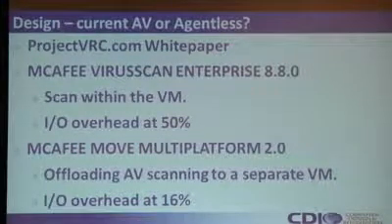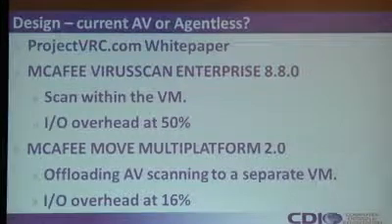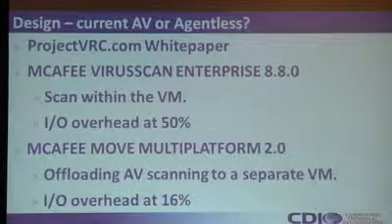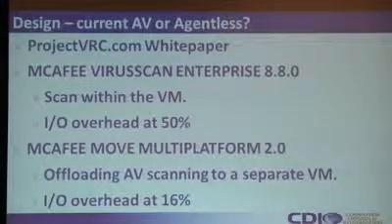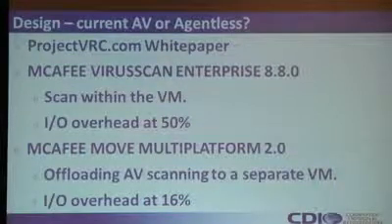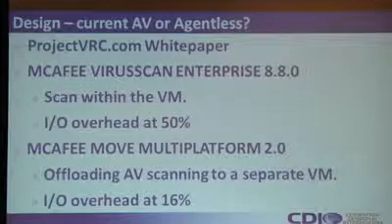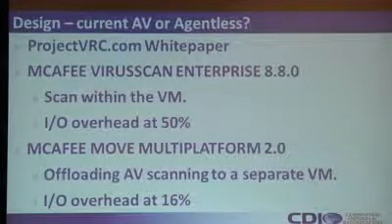Basically, the gist of it is they compare different antivirus solutions, regular antivirus versus agentless antivirus, and come out with some conclusions. You can go to Project VRC and download it. I didn't write it. I just wanted to summarize it a little bit because this is my primary reference point for actual proof that I/O makes a lot of difference, and a big reason why you would choose an agentless antivirus.